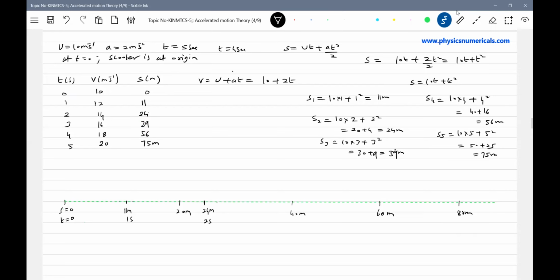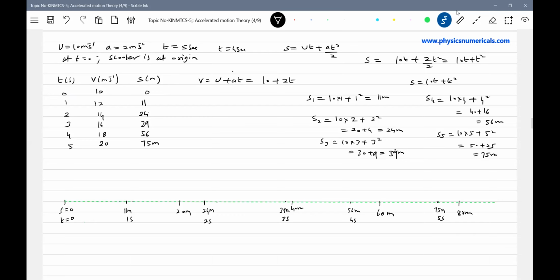Sorry, some data error. 39 it will be here. Next 56, so it will be here. 75, so it will be here.